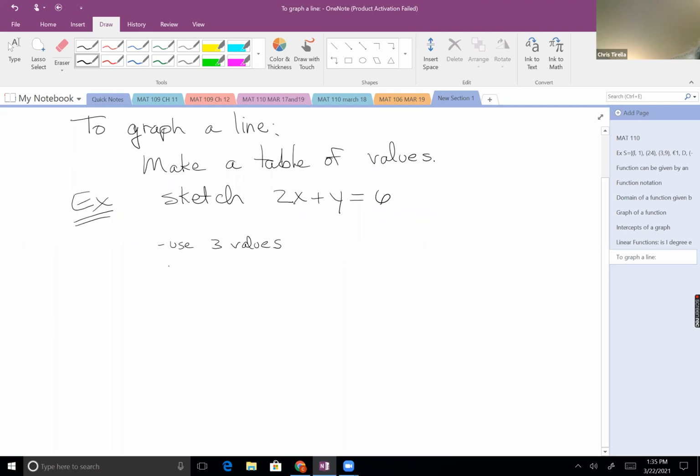Most often people substitute for x to find y. And with my 3 values, I like to use a positive, a negative, and most often 0 is a nice number to substitute.